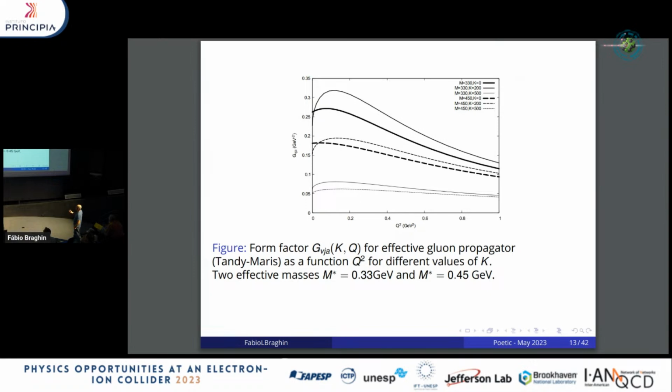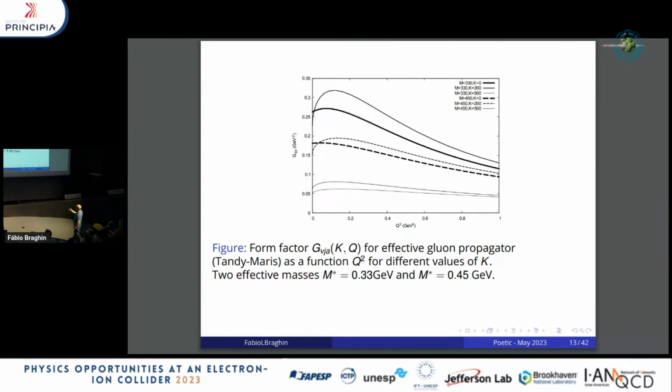This is a plot of this form factor. So this is the form factor VGA, and here is the vector meson momentum squared in the space-like region. And then for different constituent quark masses and different constituent quark momentum, the behavior is only given for very low energy so far.